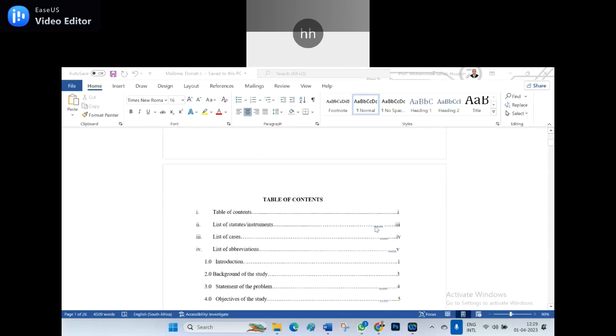In the table of contents, I don't know why you followed that method. Because in the table of contents, the list of the statutes and instruments should be given, and the first preliminary pages should be in small Roman numerals.